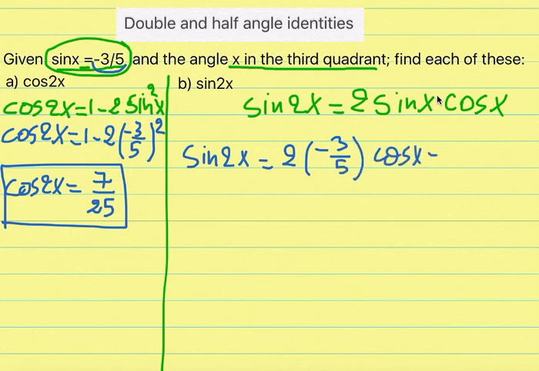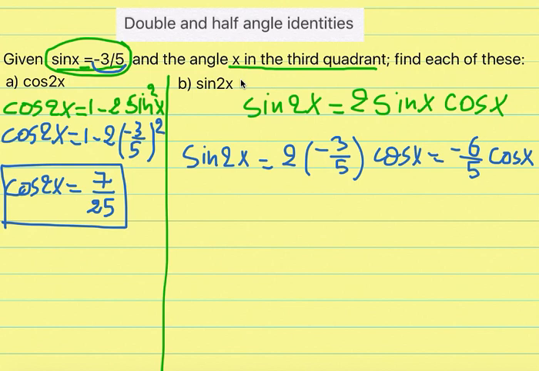This is exactly minus 6 over 5 cosine x. Now we need to find the value of cosine x. To be able to find the value of cosine x, we again use the information given, sine x equals minus 3 over 5, in many ways.